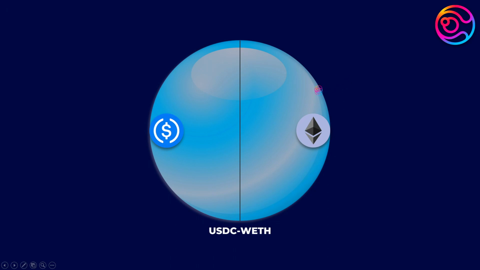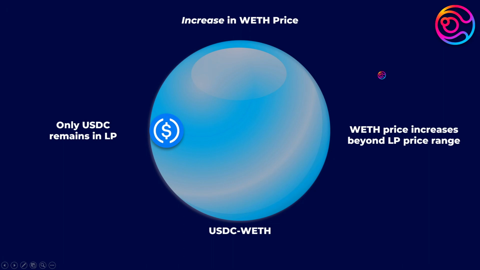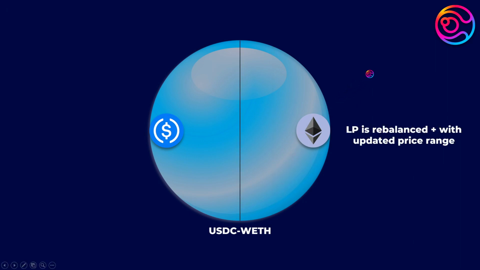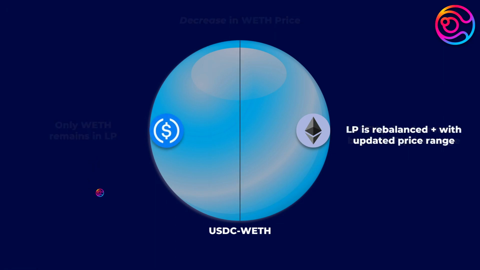For example, if the price of WETH increases beyond your LP's range, you will be left entirely with USDC only, and you will stop earning swap fees. That is, until the price falls back inside your range, or until you manually remove your LP and create a new and rebalanced LP around the active price range. The same is true if the price of WETH decreases beyond your LP's range.